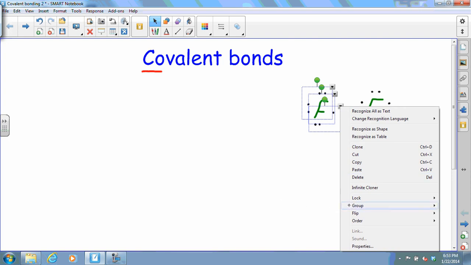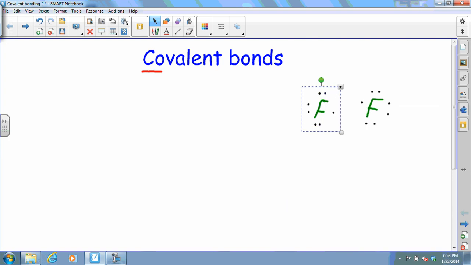Okay, so this fluorine is grouped together. This fluorine is going to want to share this 7th valence ring electron so that 2, 4, 6, 8, 2, 4, 6, 8. Each fluorine now has 8 electrons when they share. That's called covalent bonding.